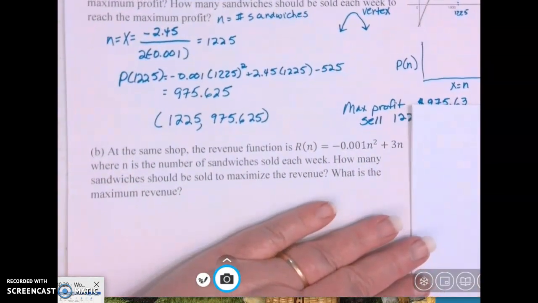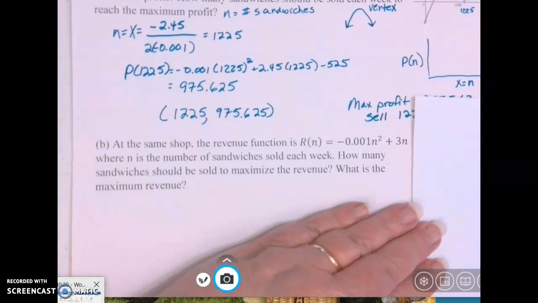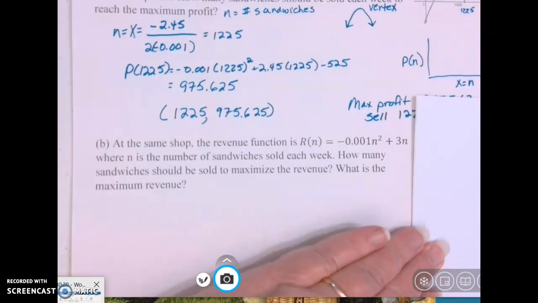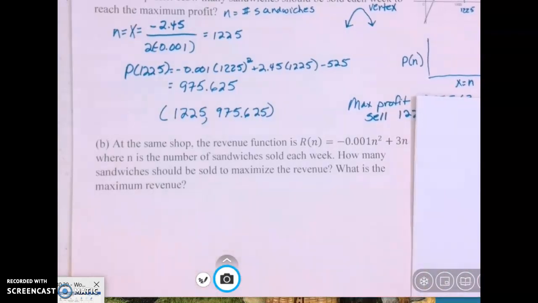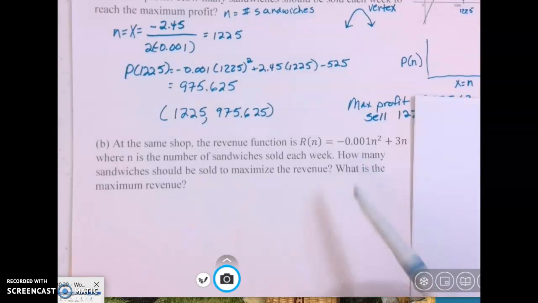I'm deliberately covering up the graph just so we're thinking about the algebra before we look at our graph. So this is a different function, same sandwich shop, but now we're looking at the revenue. Not how much profit, but just how much money is coming into the sandwich shop every week. So that function is R of n equals negative 0.001 n squared plus 3n.